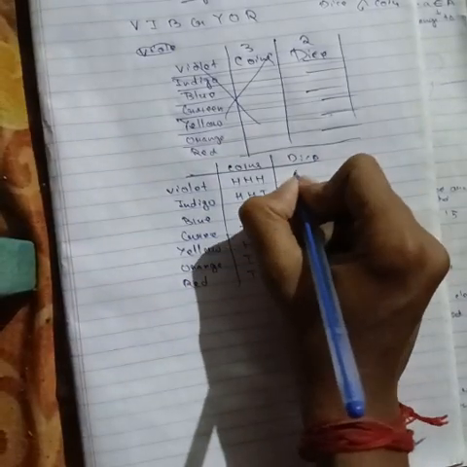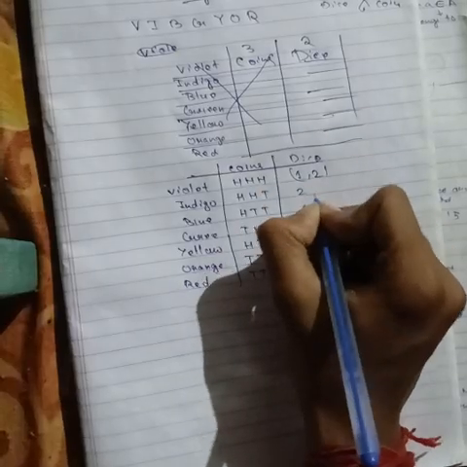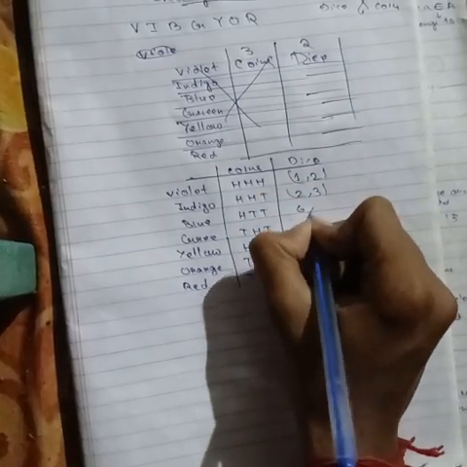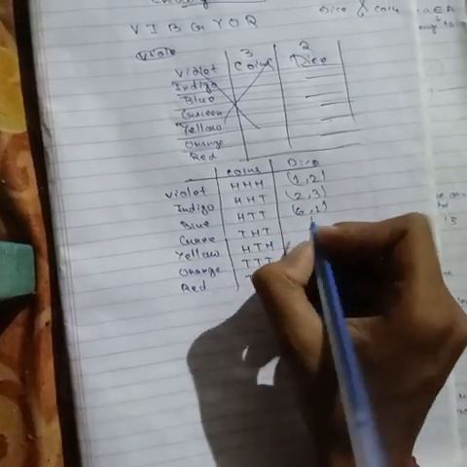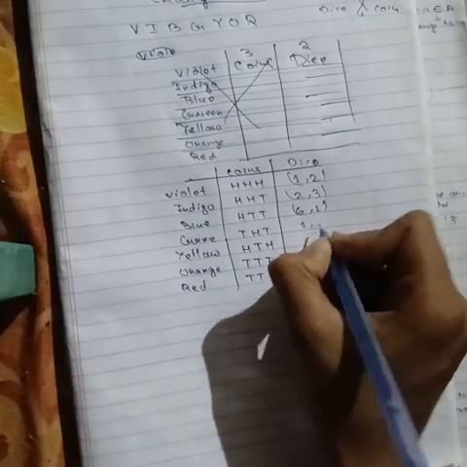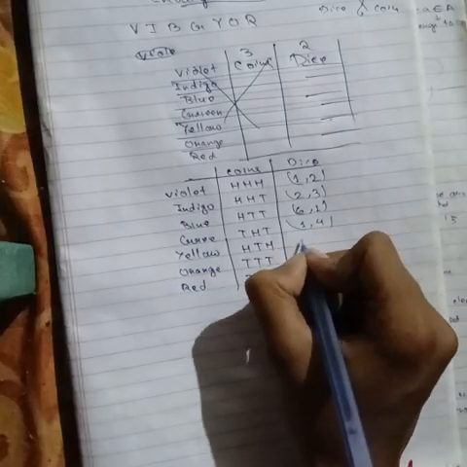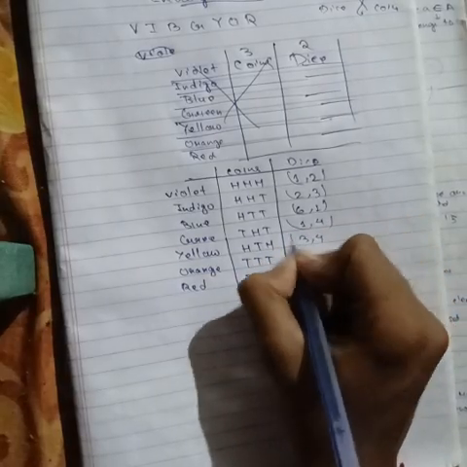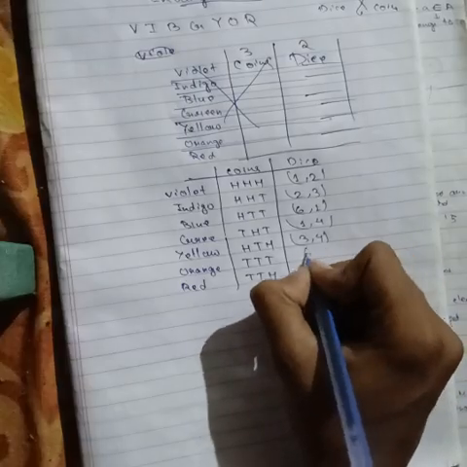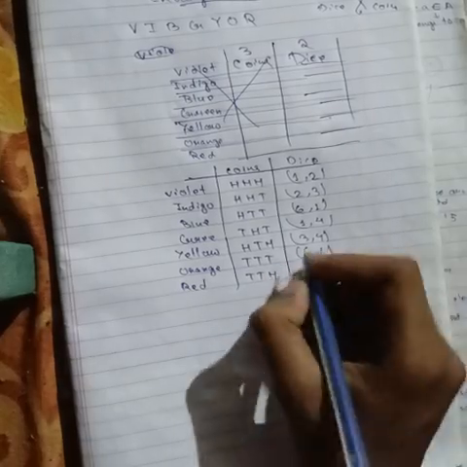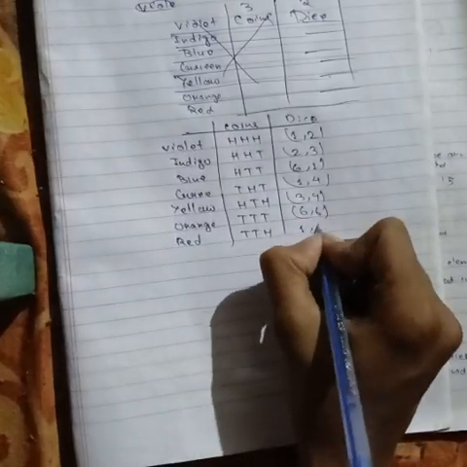I can take 1 comma 2, 2 comma 3, 6 comma 1, 1 comma 4, 3 comma 4, 6 comma 6, 1 comma 3.